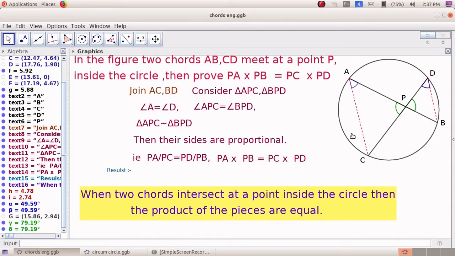Here this result we will apply to construct a rectangle with the area equal to a given rectangle. See, if a rectangle has length PA and breadth PB, its area will be PA into PB.